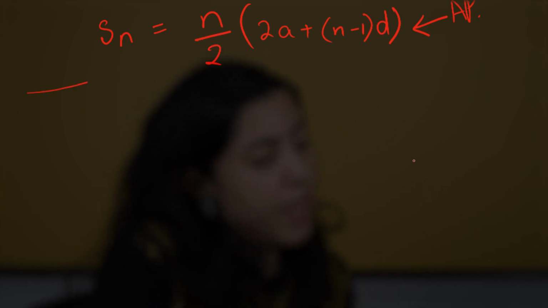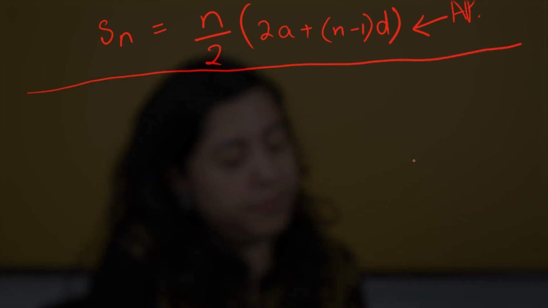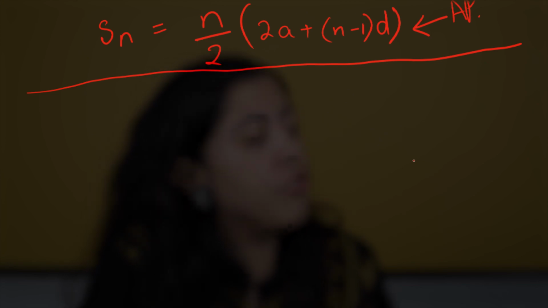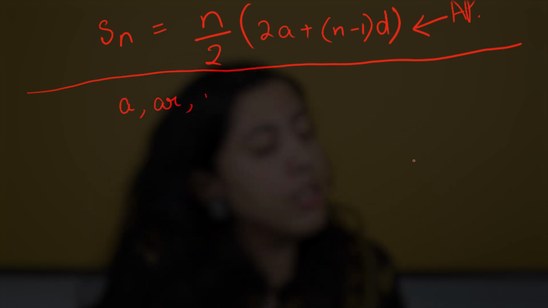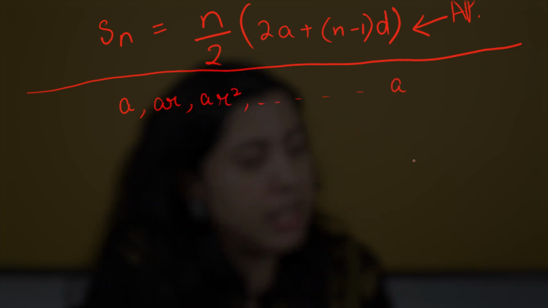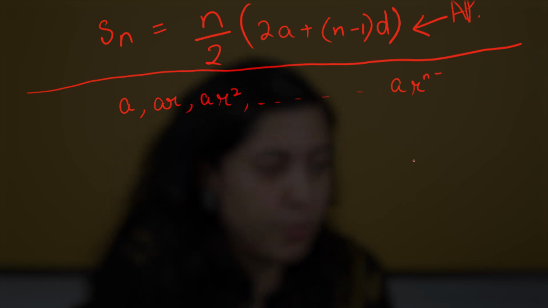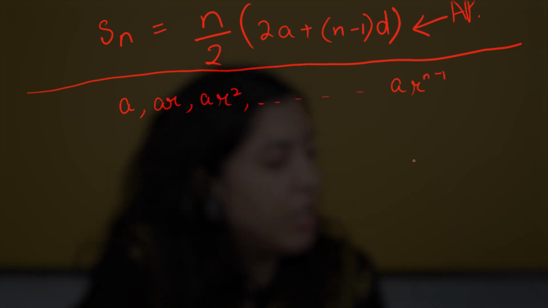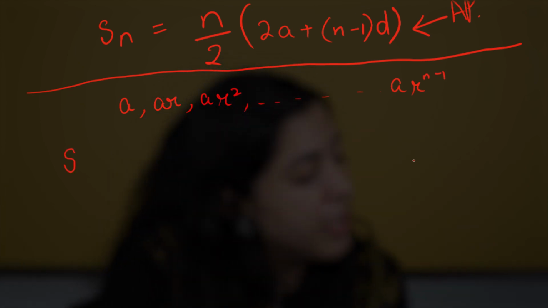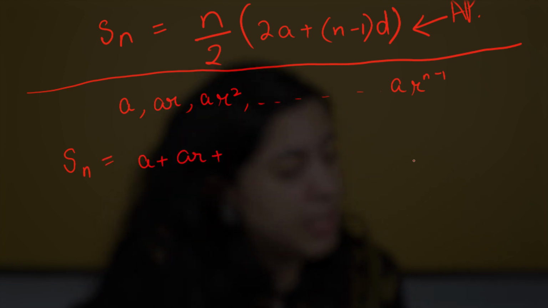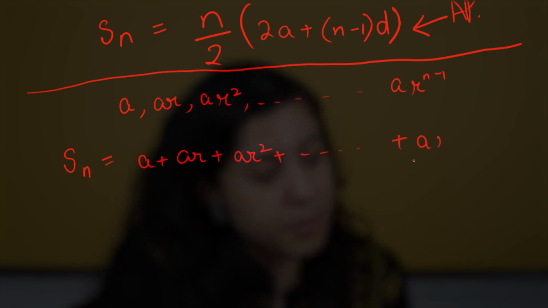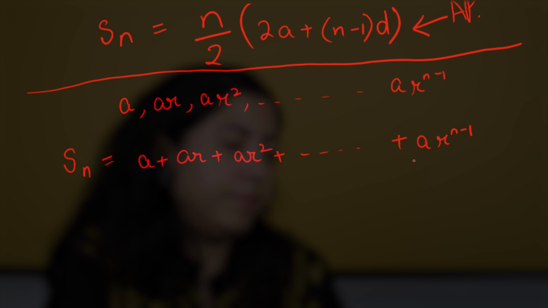Let's see how we can find the sum of a geometric progression. The terms of a geometric progression are a, ar, ar squared, all the way till a times r to the power n minus 1, that is the nth term. Since we have to find the sum, let's write Sn is equal to a plus ar plus ar squared all the way till a times r to the power n minus 1.